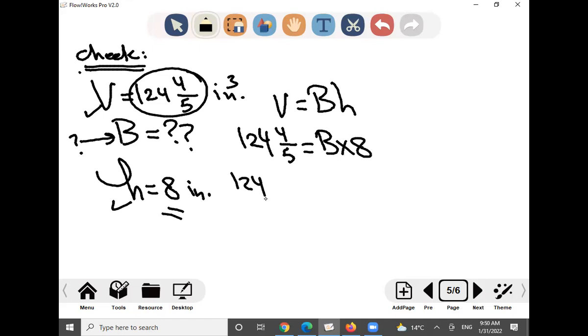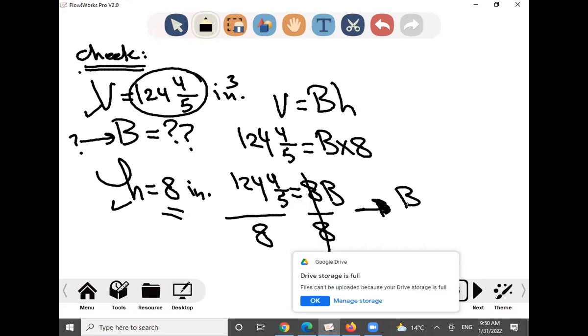So 124 and 4 over 5 equals B times 8, 8B. Right? It's a multiplication equation, divide both sides by 8. Take this number and divide it by 8. The answer of B will be 15 and 3 over 5.